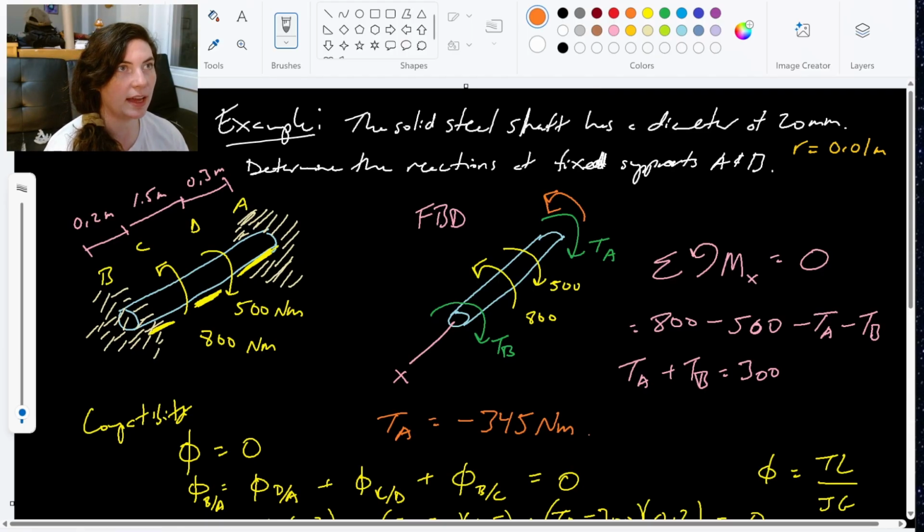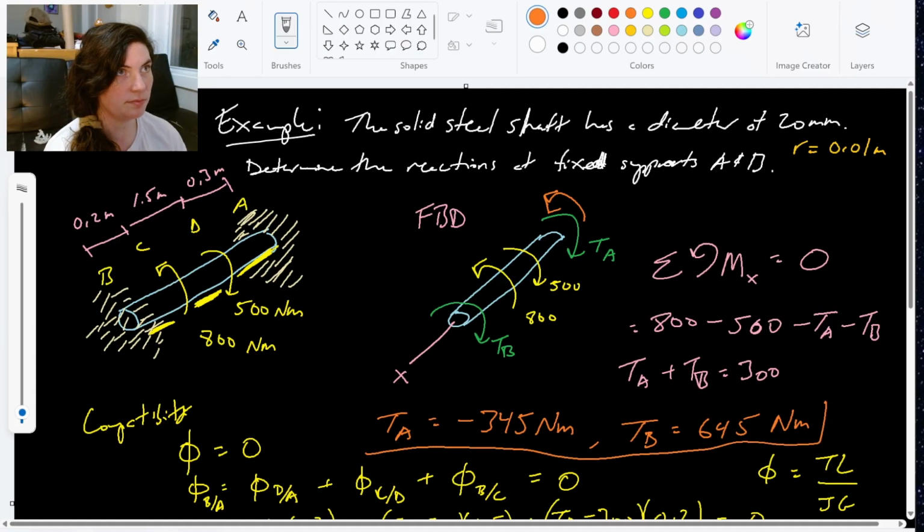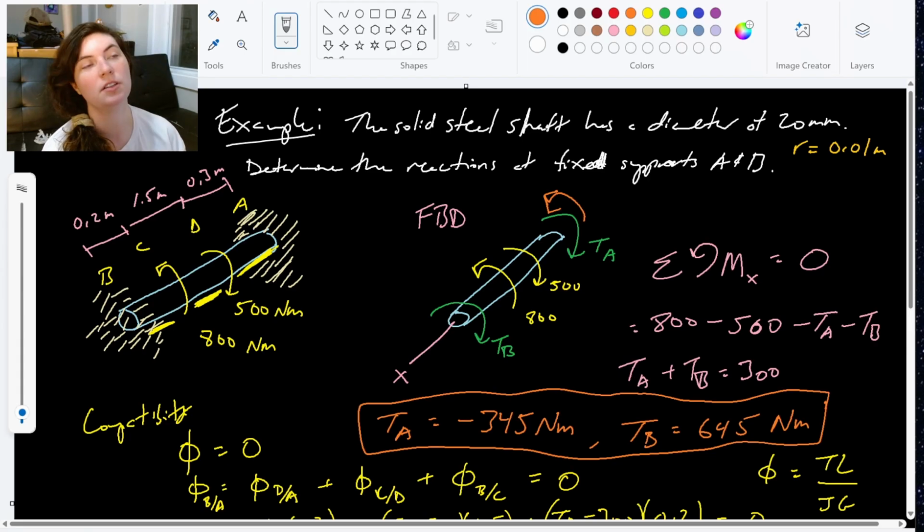Go ahead and plug that guy into our initial equilibrium equation here to get our TB value of 645 Newton meters. So its direction is correct. And that's it, right?